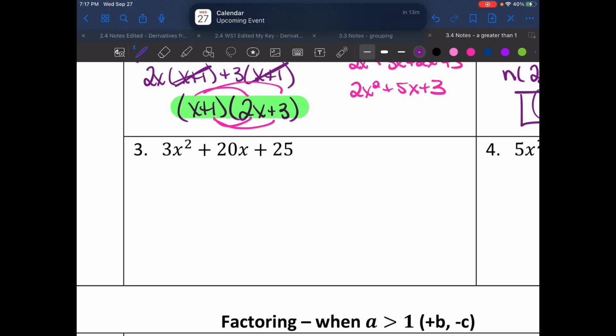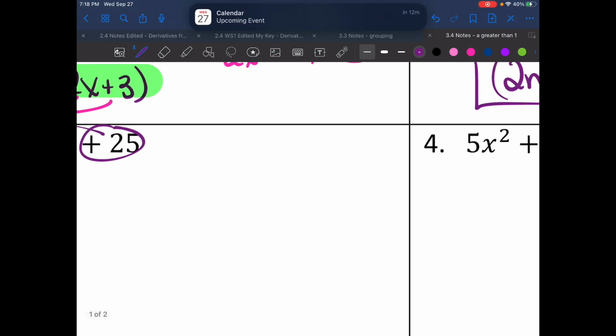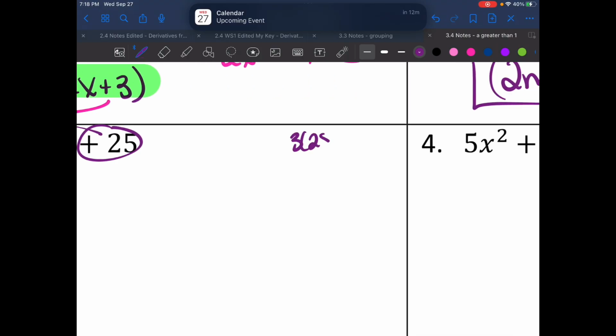All right, 3x squared plus 20x plus 25. No GCF, multiply leading coefficient by the constant, that's 3 and 25. So factor pairs would be 1 and 75, 3 and 25, 5 and 15.